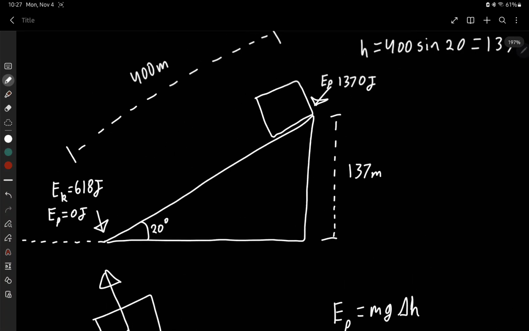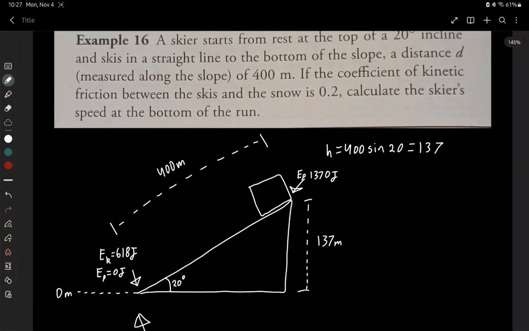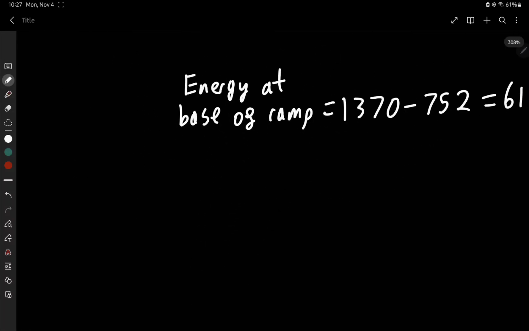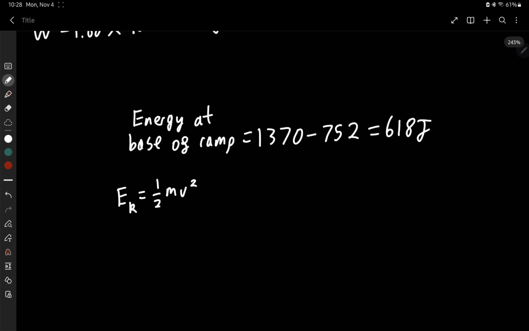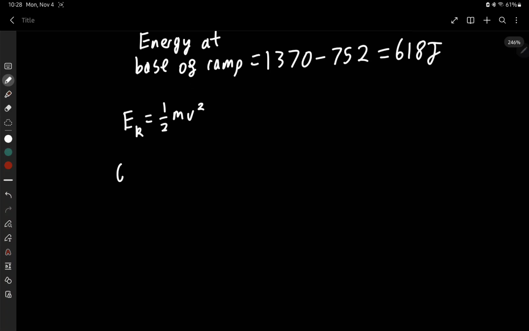Now we need to find the velocity. We have the kinetic energy, we just need to find the velocity. The equation for kinetic energy is half mv squared. We know the kinetic energy should be 618, so we can set that equal to half mv squared.